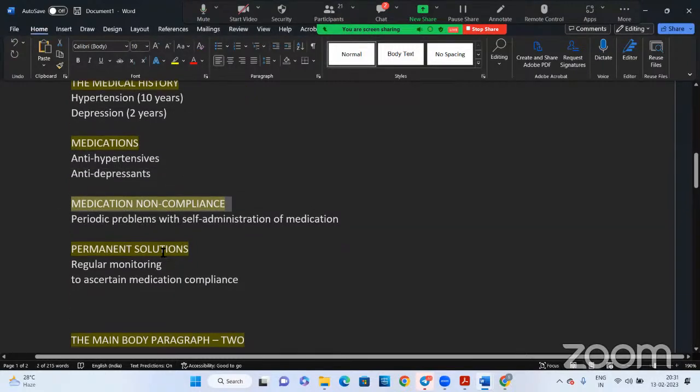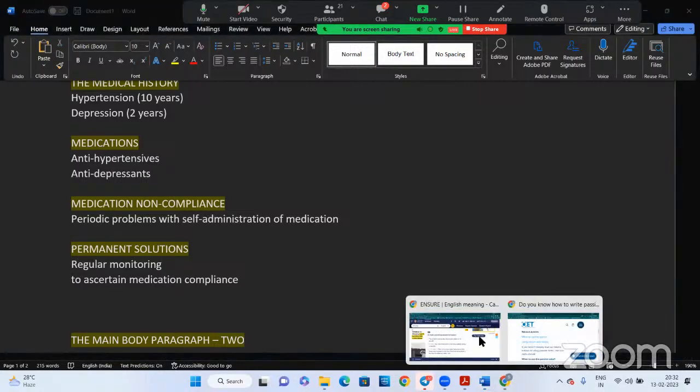To achieve medication compliance, you have to monitor regularly and ensure. You can use the word achieving.